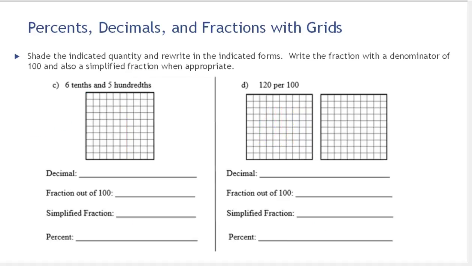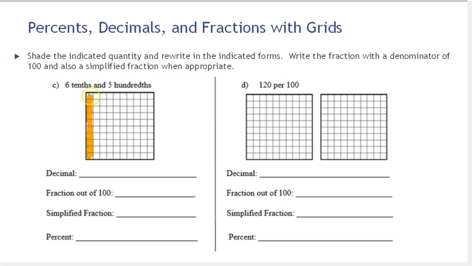Let's look at the next slide. Here we're asked to shade 6 tenths and 5 hundredths. So I'm going to shade the tenths using an orange pen. So this is 1/10. Okay, so if you look at this column relative to the unit, this is 1 out of 10 of the unit.